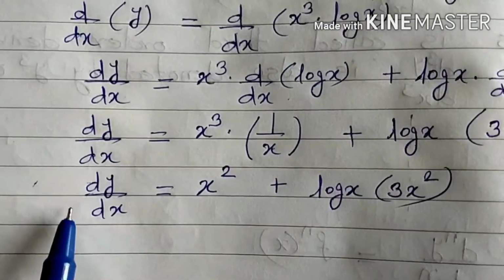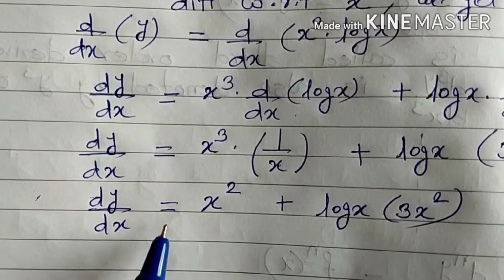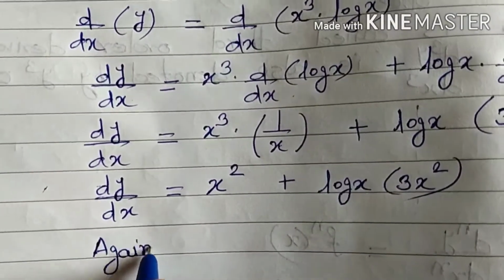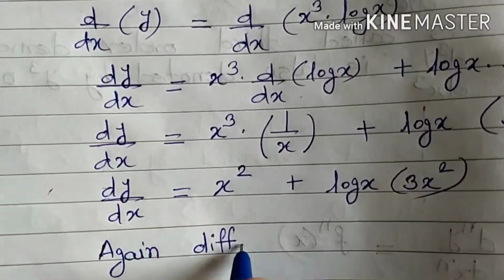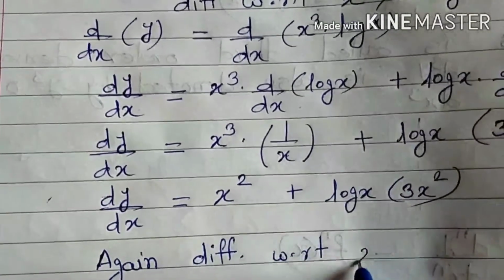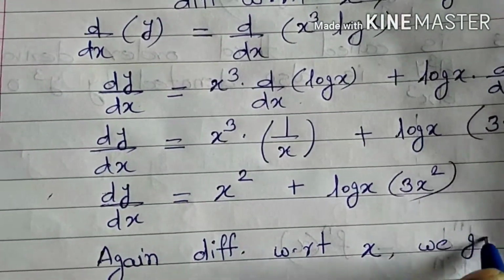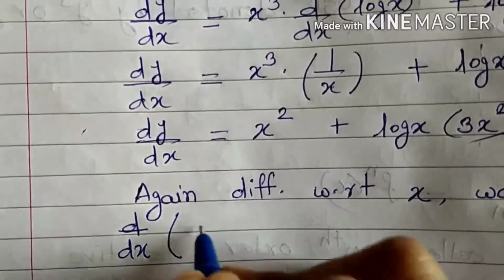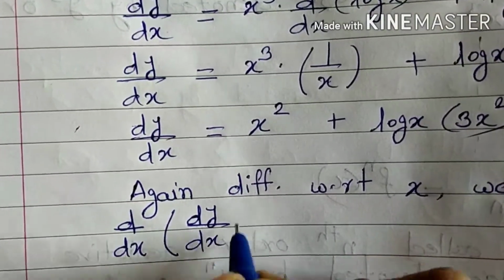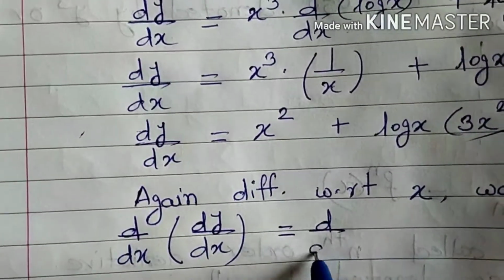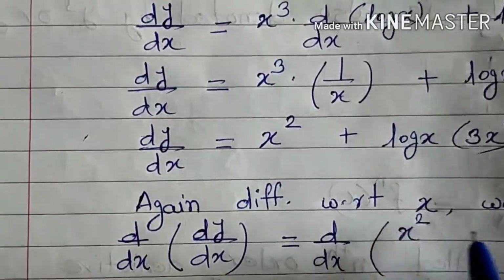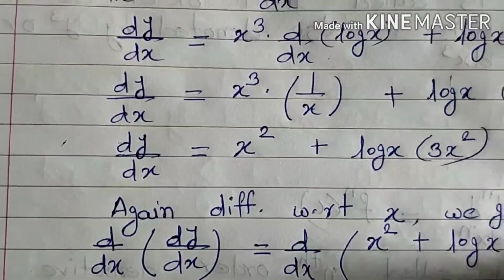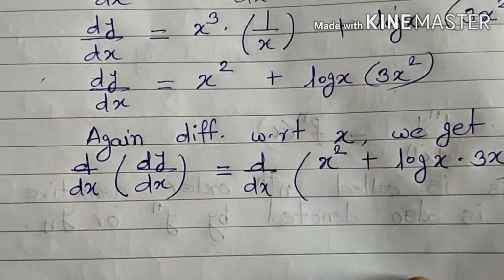But we have to find the second order, so again differentiate with respect to x. d by dx of x square plus log x into 3x square. So first use the sum rule.